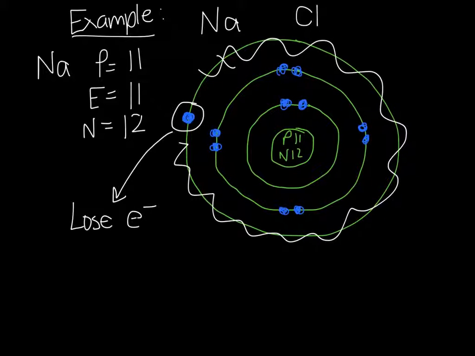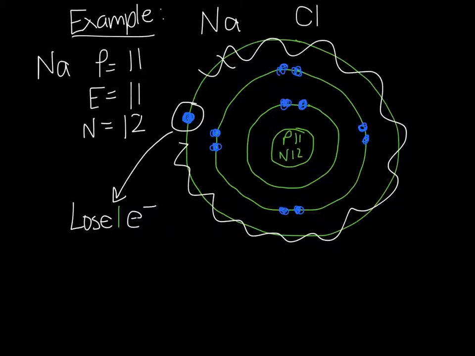Look what happens. The second ring then becomes the one on the outside, and it's already full. So sodium, when it becomes an ion, will lose 1 electron.